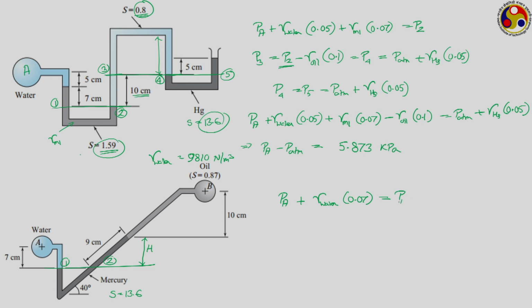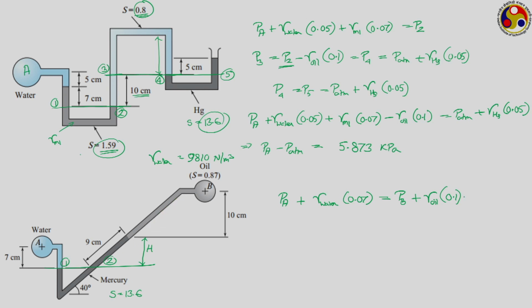will be equal to Pb plus there is a, this portion is inclined, but the height is given instead of the inclination length, the height is given to be 10 centimeter, which is filled with this particular oil. So, here the pressure is gamma for oil into 0.1, because we always have to go by the vertical distance, not by the distance along the inclined plane, as we are talking about the gravitational head only.